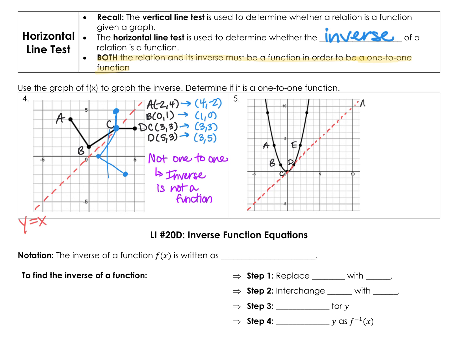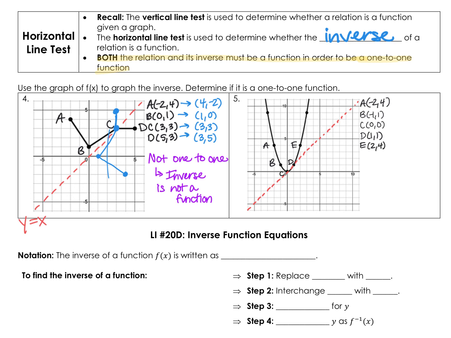Okay, so A is at (-2, 4). B is at (-1, 1). C is at the origin, (0, 0). D is at (1, 1) on the line. And E is (2, 4).